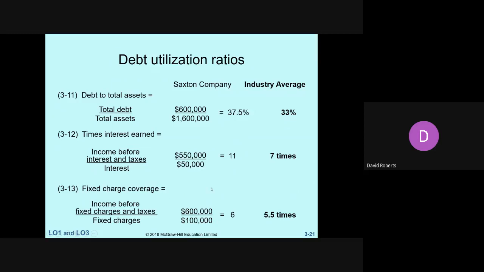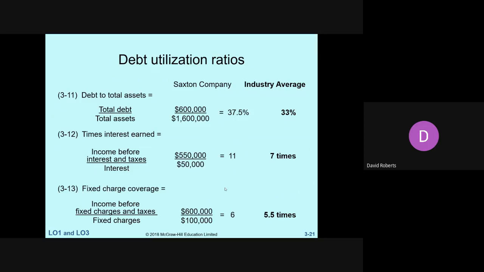Times interest earned. Companies like banks are very interested in getting their money back. But in difficult financial times, as with the COVID crisis, they're very interested in at least getting the interest. Otherwise, the bill just gets larger and larger.